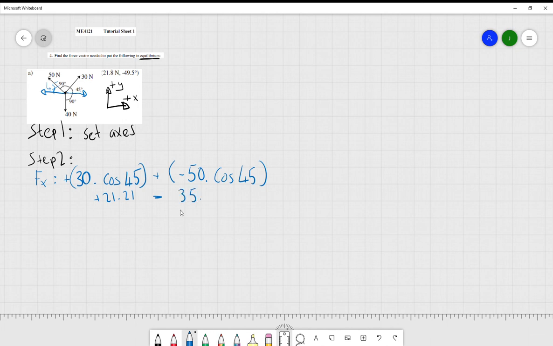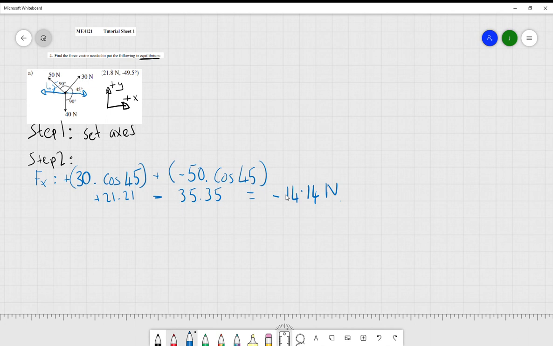That equals negative 14.14 newtons in the x.